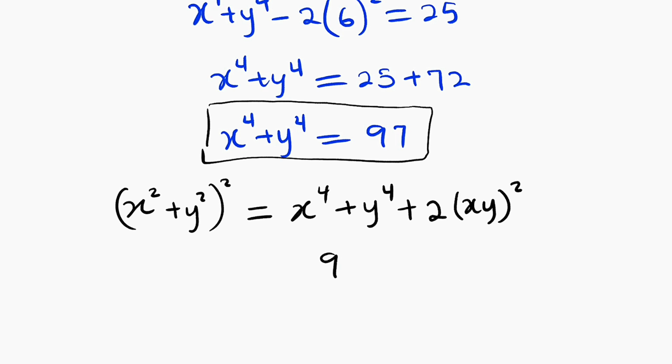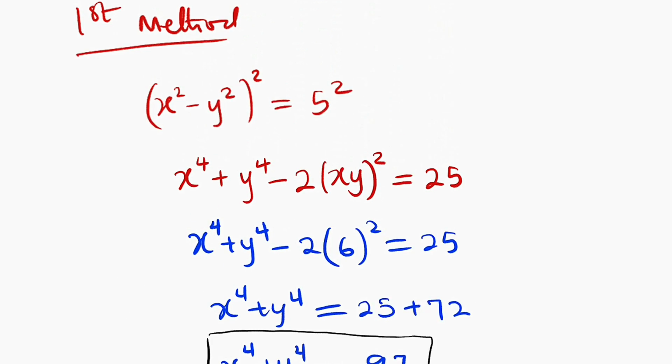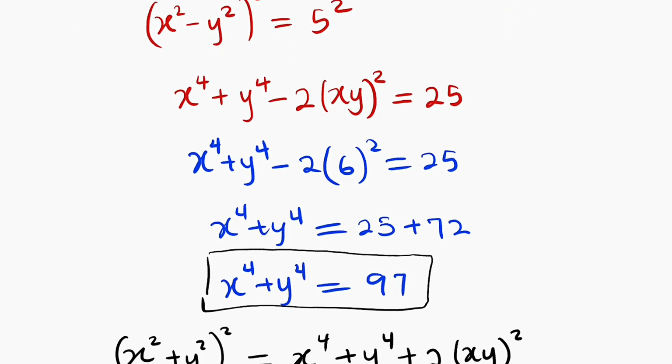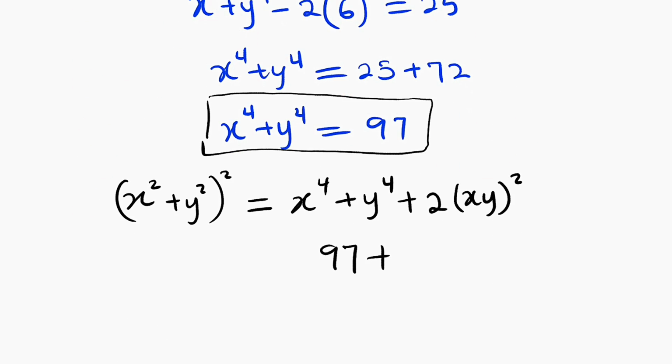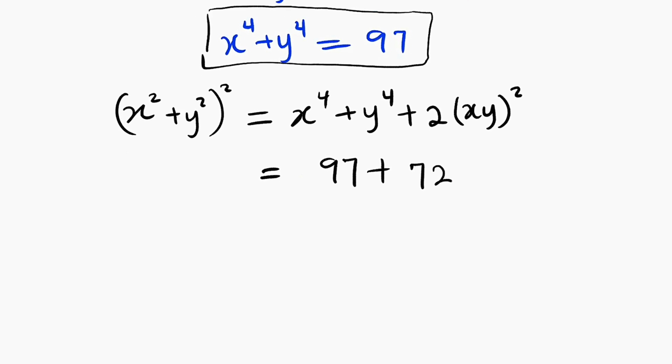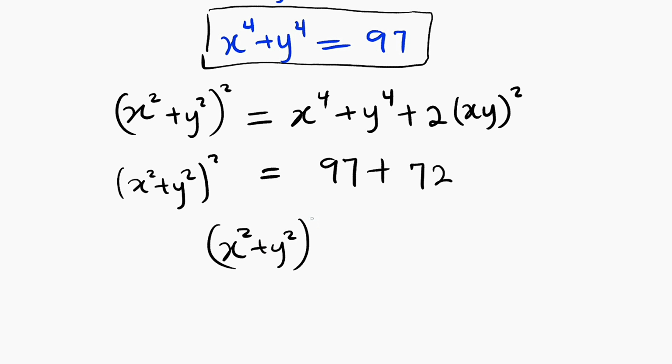So this is 97 plus, already we have seen that from the second equation, xy is 6. So we have 6 squared is 36. 36 times 2 is 72. So this is 72. Remember, this is x squared plus y squared all squared. X squared plus y squared all squared will give us 169.